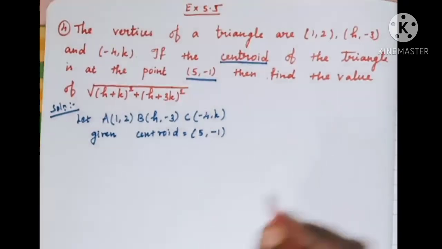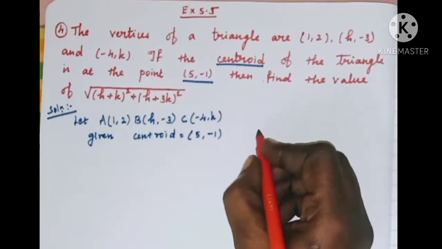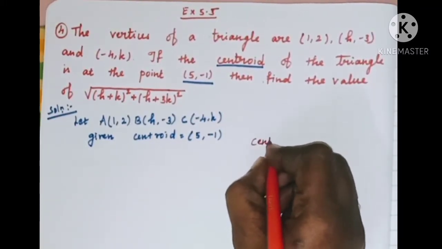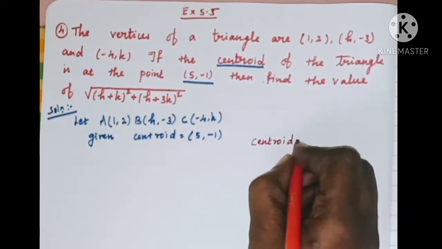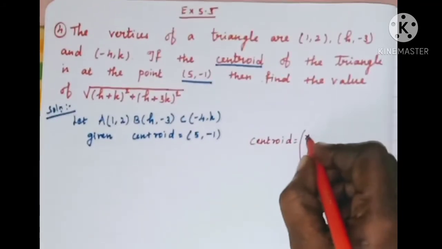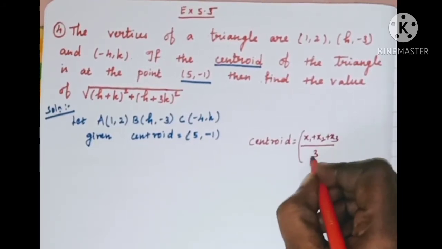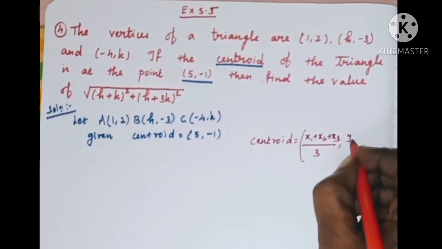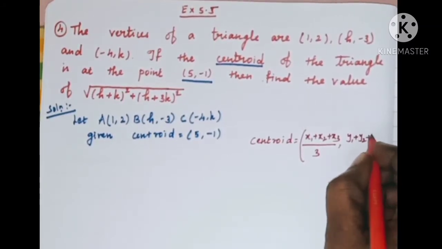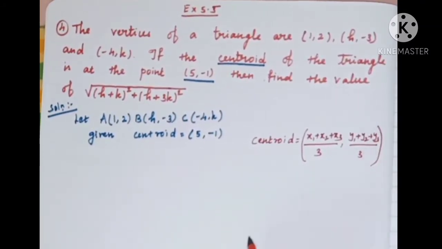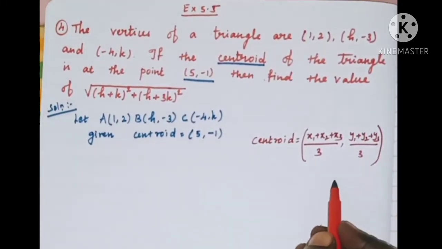You know the formula to find the centroid. What is the formula? Centroid is equal to (x1 plus x2 plus x3 divided by 3, y1 plus y2 plus y3 divided by 3). This is the formula to find the centroid, isn't it?